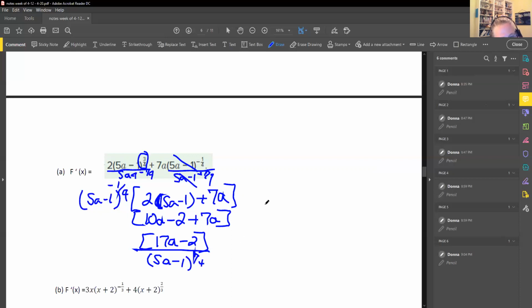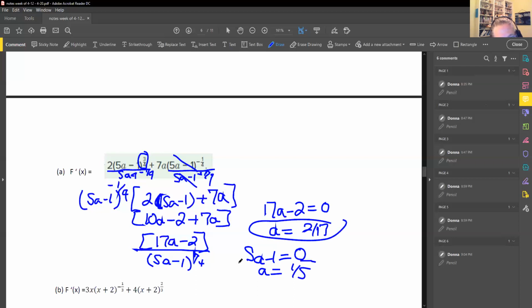So the top equals 0 where 17a minus 2 equals 0. If I solve that, I get a equals 2 over 17. The other guy, where 5a minus 1 equals 0, where a equals 1/5. So 2/17 and 1/5 would be the critical values that I need to check.